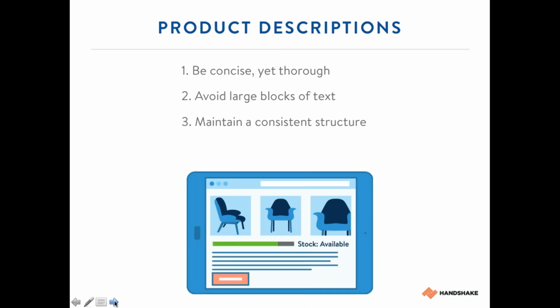So for example, if in one description you include a story of where the product was sourced and the way it should be used, make sure that both of these components are used each time, because when your buyer goes to the next product, they'll be able to quickly scan and find the information they're looking for based on that consistent pattern that you've actually set up.